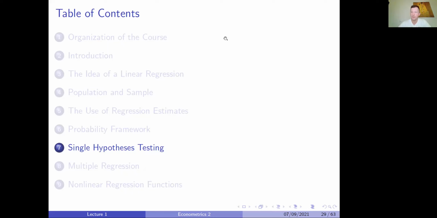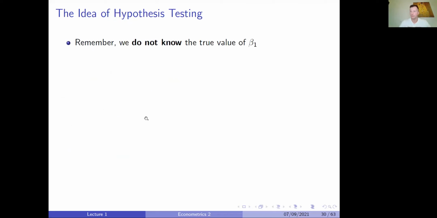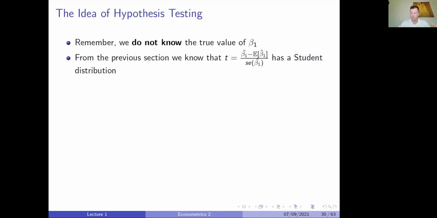So, with the knowledge of the sampling distribution of beta 1 hat and with the knowledge of how to calculate the t-statistic, we are able to do the procedure of single hypothesis testing. So, the idea of hypothesis testing is the following. Once again, we do not know the true value of beta 1, but we know something about the distributional properties of beta 1 hat, of its estimator.